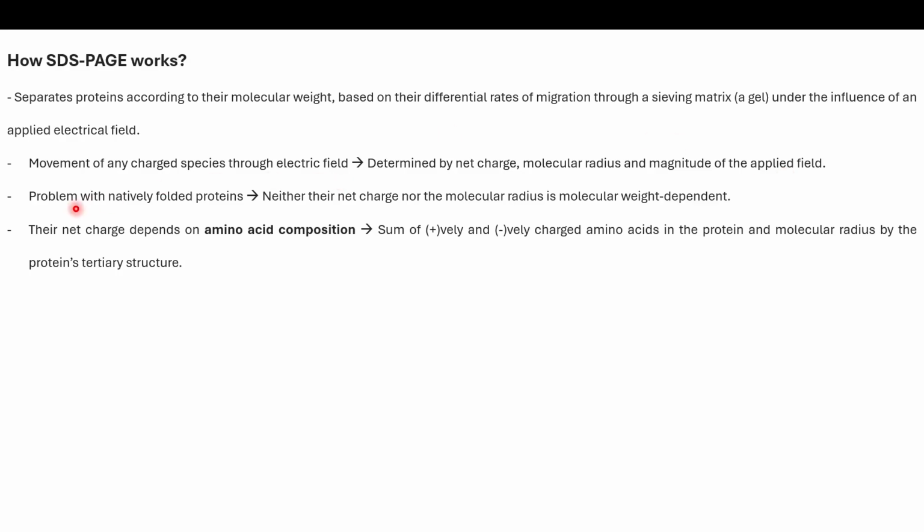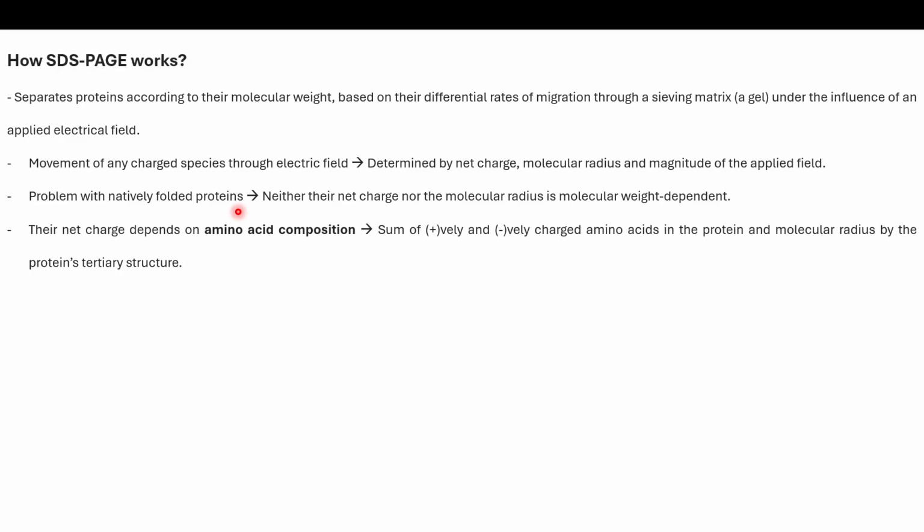Okay, and in the case of natively folded proteins, neither their net charge nor their molecular radius is molecular weight dependent, right? Because when a protein is folded in its native form, it has a particular structure, right?